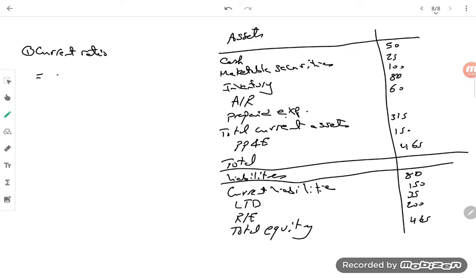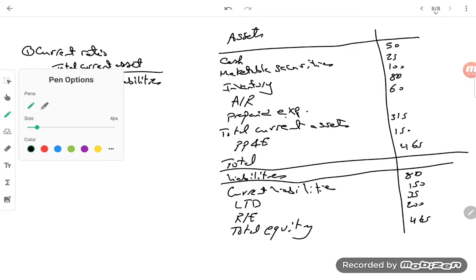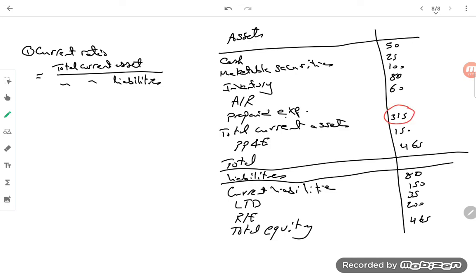As we said, it's calculated as total current assets divided by total current liabilities. From this balance sheet, this is total current assets and this is total current liabilities. So it can be calculated as 315 divided by 80, which is 3.9.